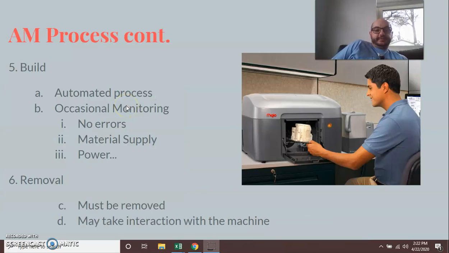Okay. Next in the additive manufacturing process is the build process, and that is one of the simplest processes you can do. In the build process, it's relatively or completely automated.